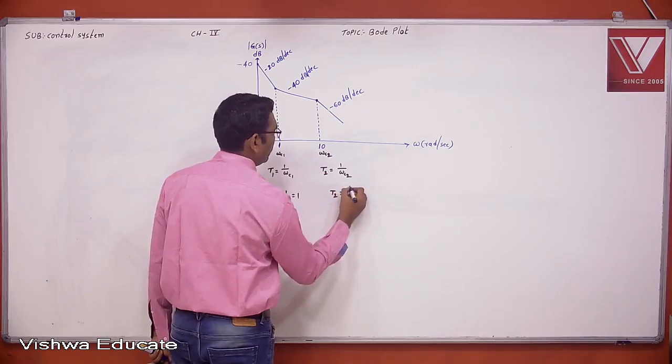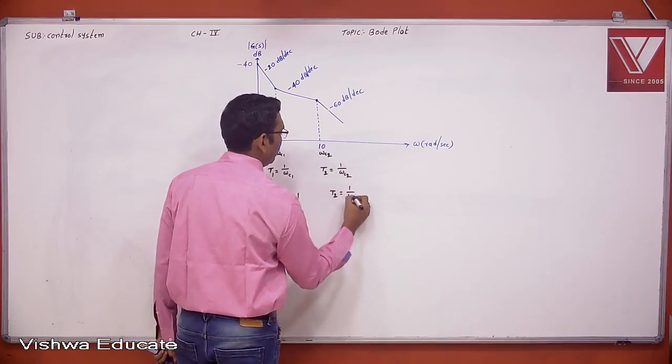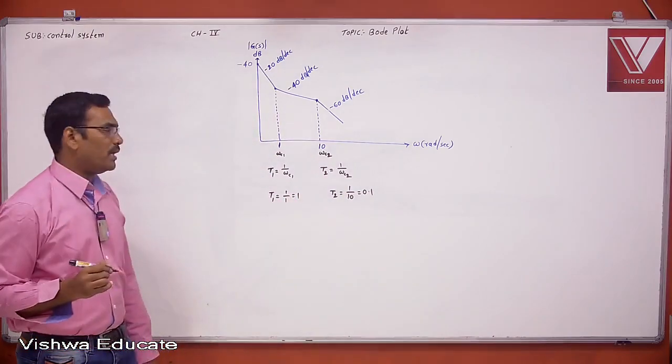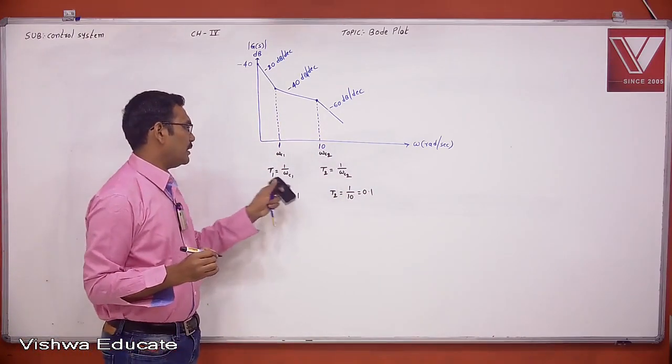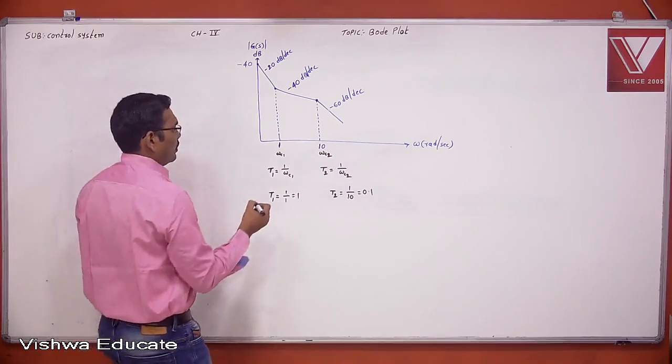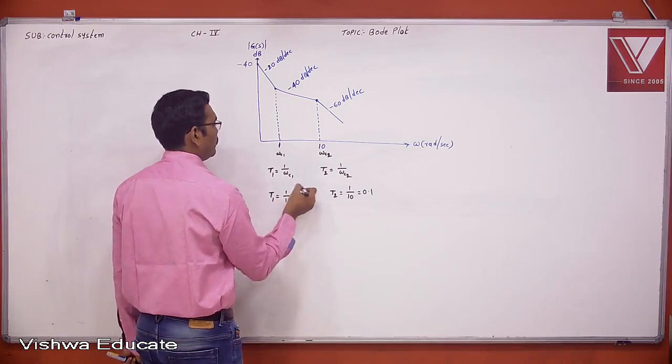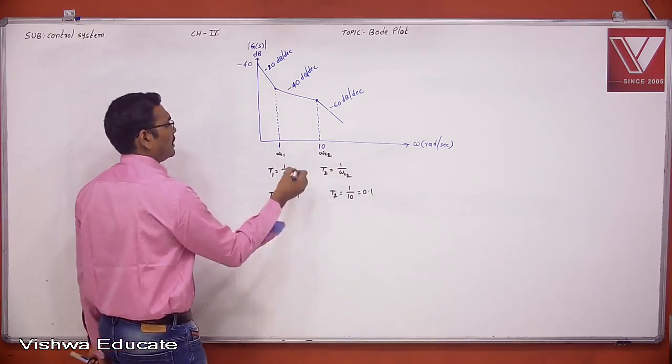T2 is 1 by omega C2, 1 by 10, which equals 0.1. This is the time constant.